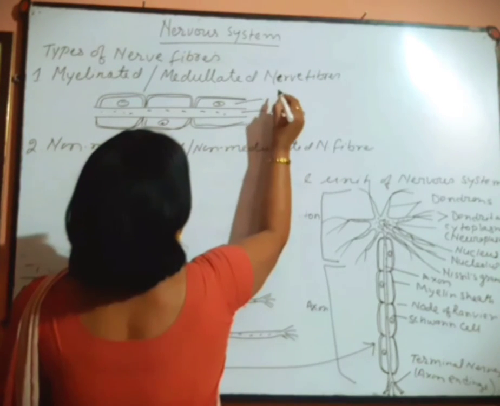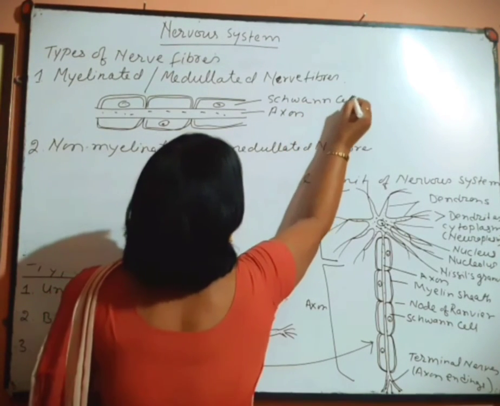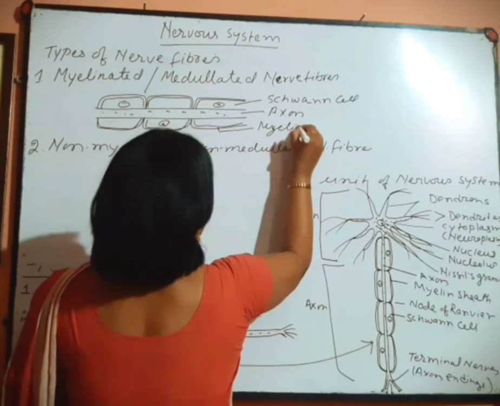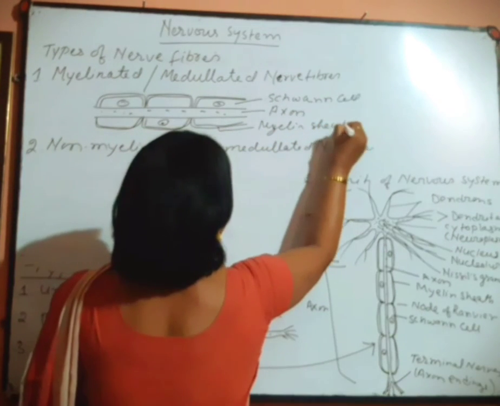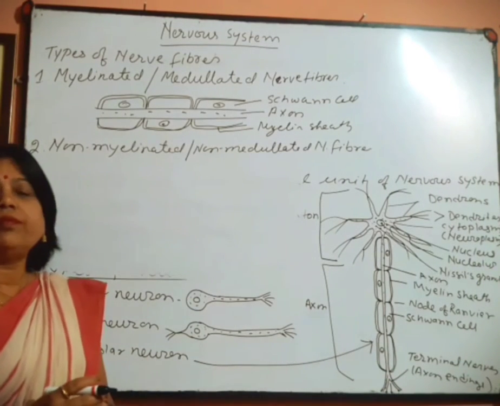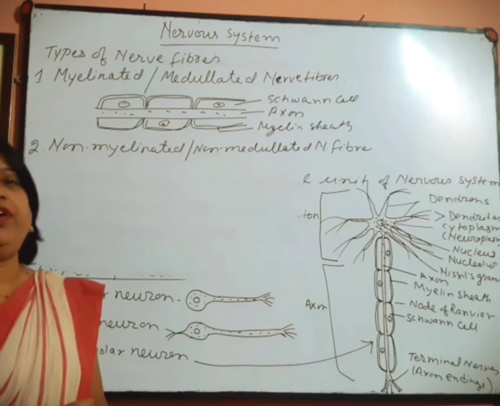Axon, Schwann cell, myelin sheath. And this type of nerve fiber is present in the chordates or vertebrates.